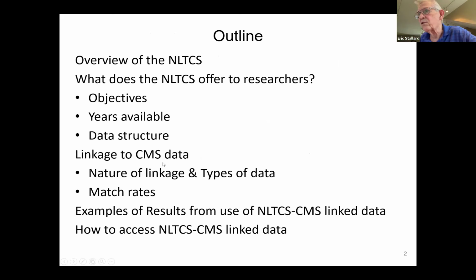The linkage to CMS data, as you will see, is really a crucial part of the ability to maximize utility of this survey, at least to maximize the longitudinal use, and you'll see how that works out. I'm going to give some examples and then indicate what data sets we're talking about before I hand over to Arsini. So that's sort of the outline.